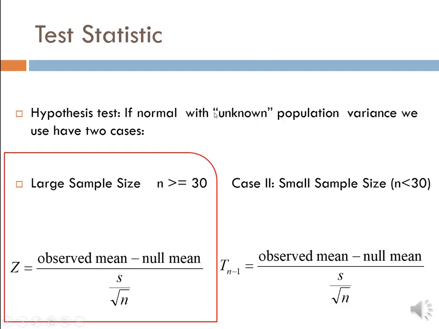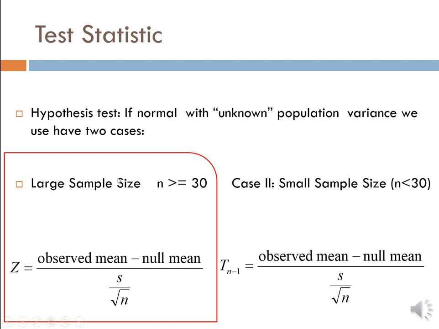Good. Now, in the case where the population is normal, but the population variance is unknown, then we have two cases. The first case is where your sample size is large, that is, n is greater than or equal to 30.